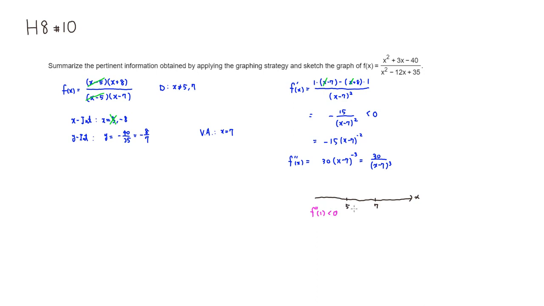If you look at f double prime of 6, it's still negative. If you look at f double prime at 8, it's finally positive. So you can see that the original function f is concave down here and also concave down here, but it's concave upward after 7.